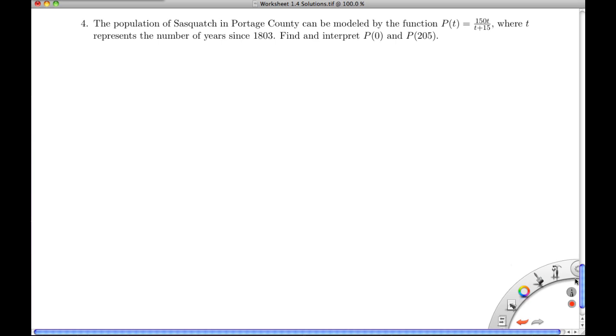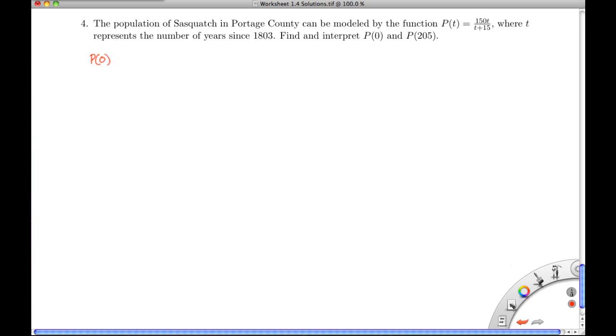Okay, so the thing to keep in mind here is that this function is going to spit out a population value. And what we're putting into it, t, represents, as it says, the number of years since 1803. So for the first one, we're asked to find and interpret p of 0.